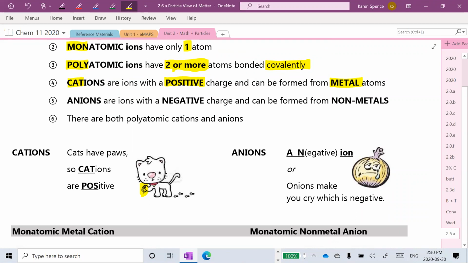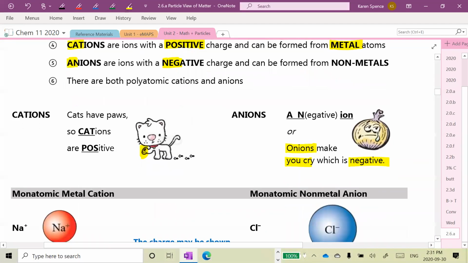And I really want you to appreciate this because I also found, because anions are negative, and onions kind of sounds like anion, yeah? I found a crying onion for you, because onions can make you cry, and that is a negative thing. So anions are negative. Or you can just remember a negative ion spells anion. Either way, whatever you like.